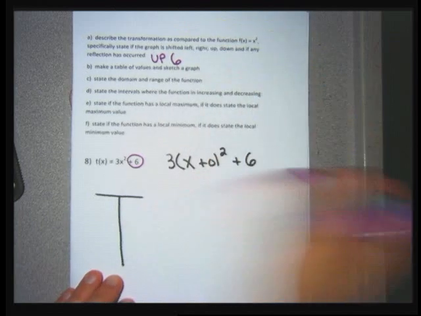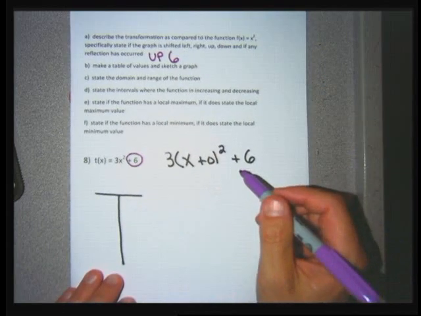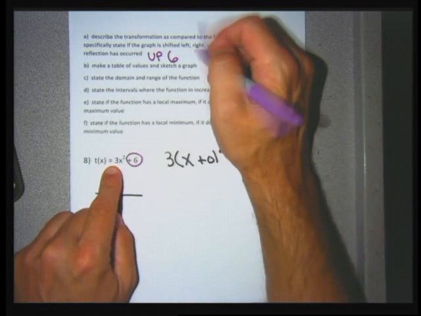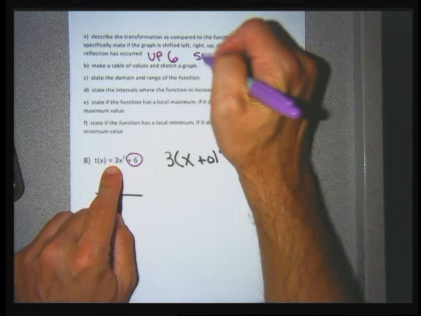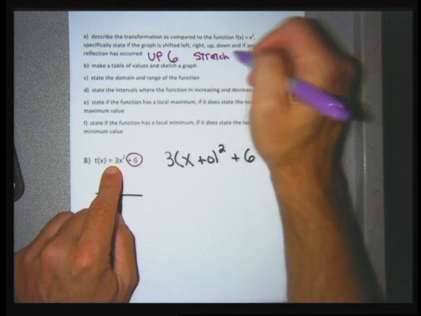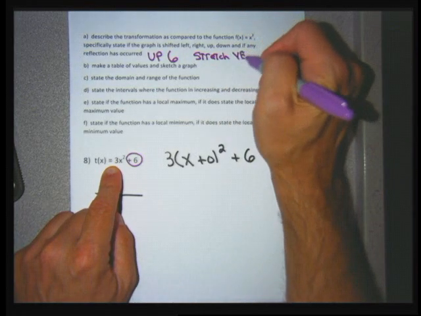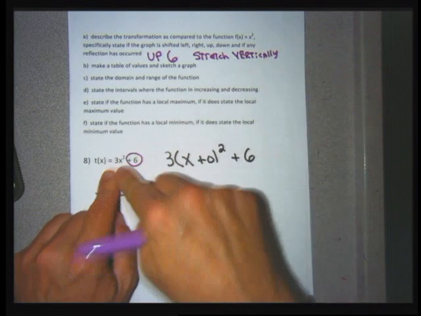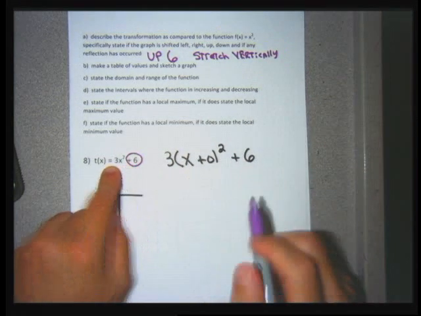There's no parentheses, so there's no left and right. And this 3 is going to stretch it vertically. It's not going to flip it over. Again, you're not responsible for this. But if you wrote on a test that it stretches it vertically as opposed to compressing it, that's fine. It makes it skinnier. If a number bigger than 1 is in front of the x squared, it makes it skinnier.